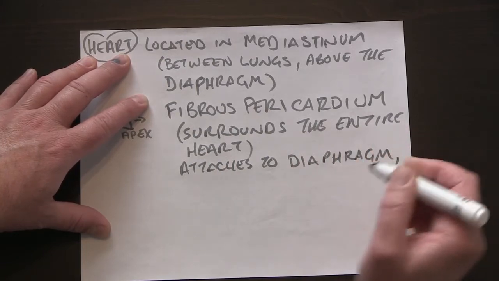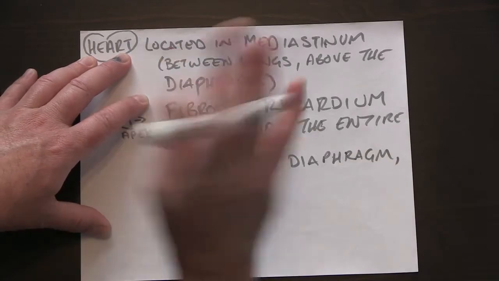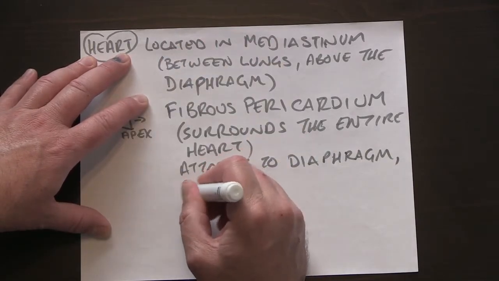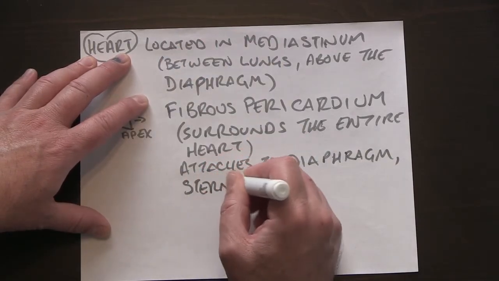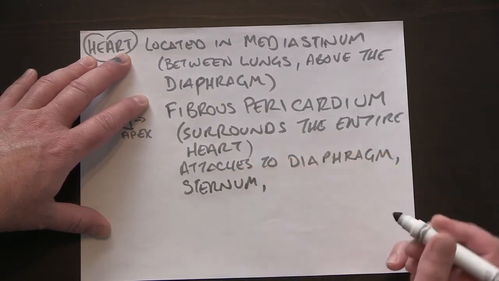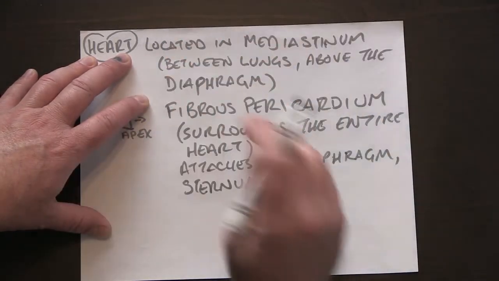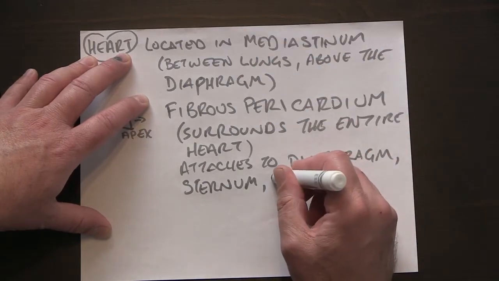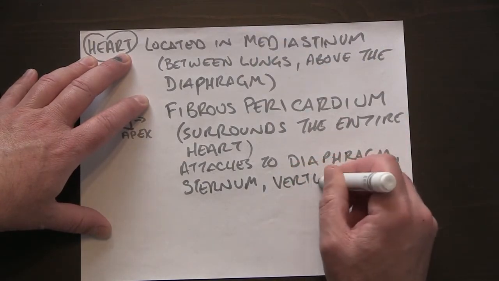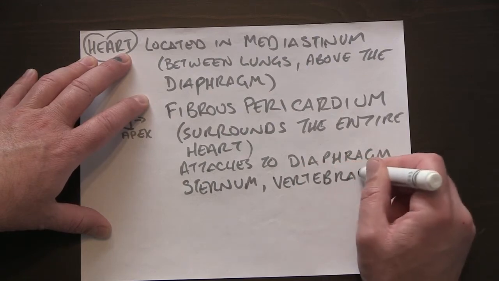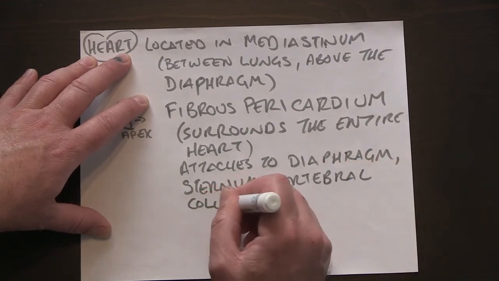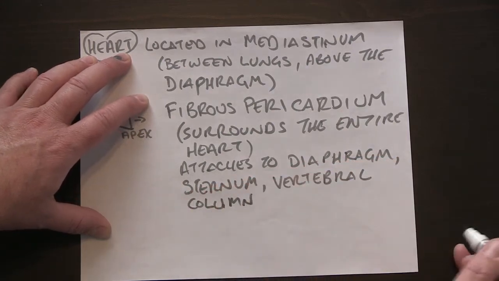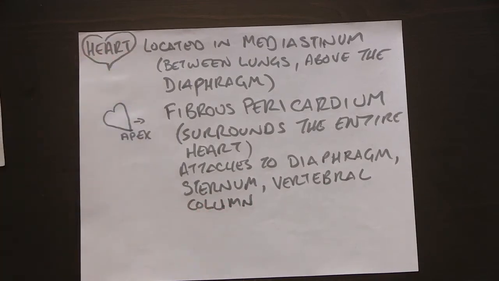And it's just behind the sternum, so it attaches to the posterior side of the sternum. And then also on the anterior side, it anchors to the vertebral column. It just kind of holds it all there in place.